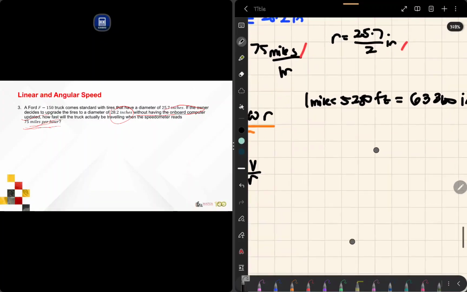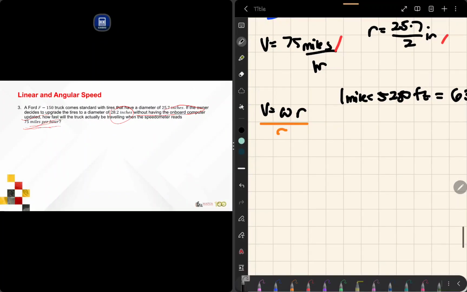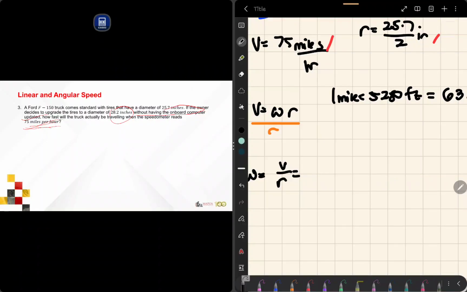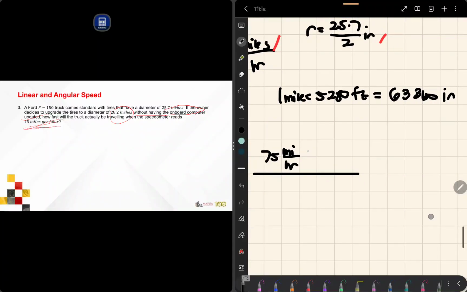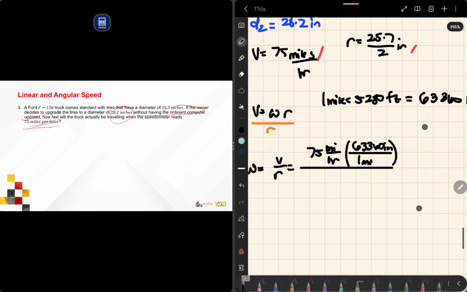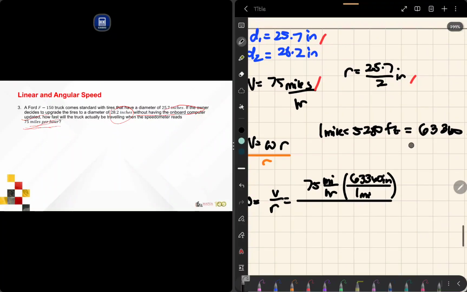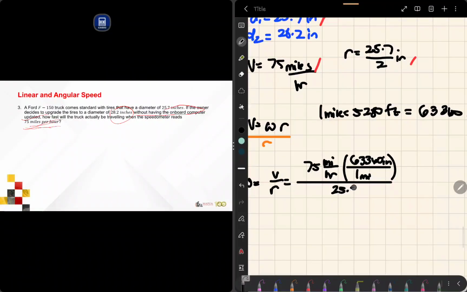So omega is equal to V over R. For our numerator, we have 75 miles per hour, and we first need to convert it. For every 1 mile, we have 63,360 inches. Then our radius is solved from the diameter, 25.7 over 2 inches.